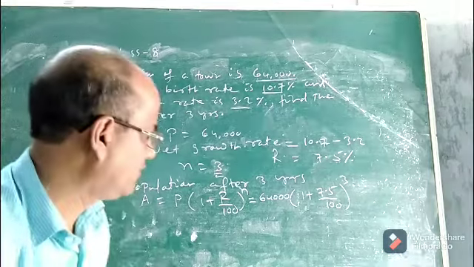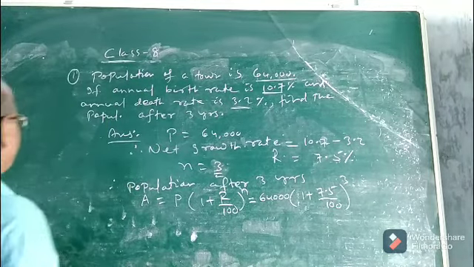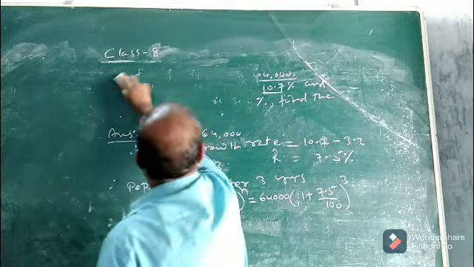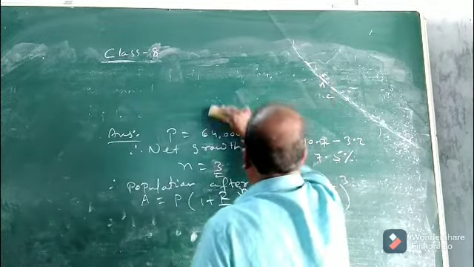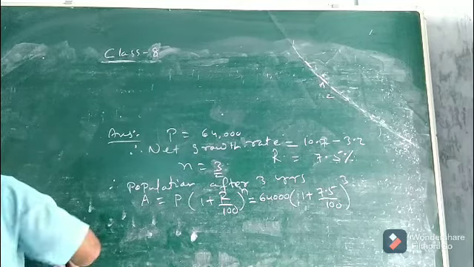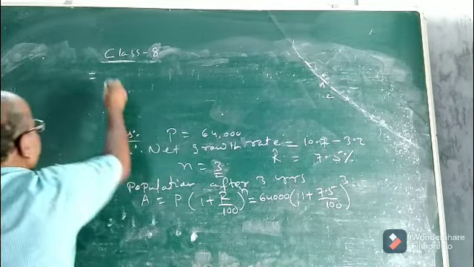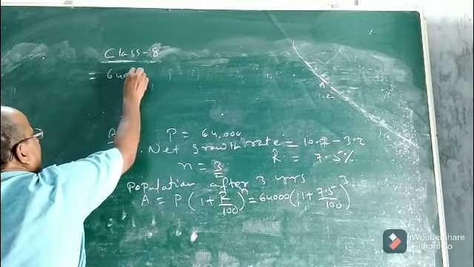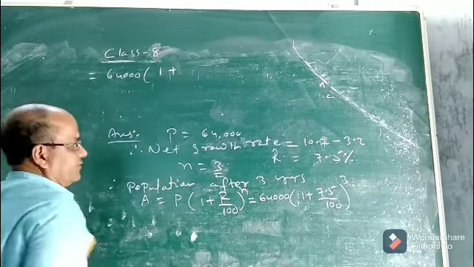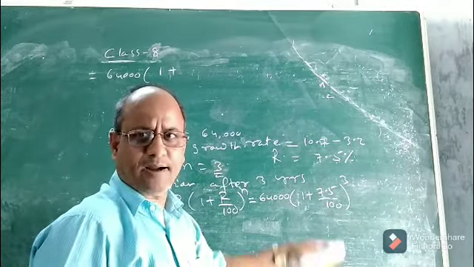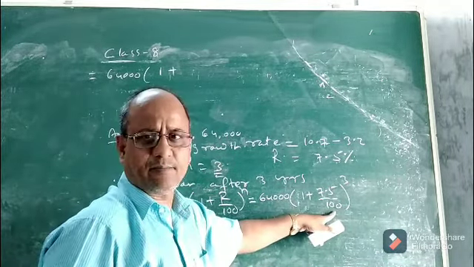Now we have to simplify this. So this will be 64,000 into 1 plus, this 7.5 means it is 75 by 10, 75 by 10 by 100.